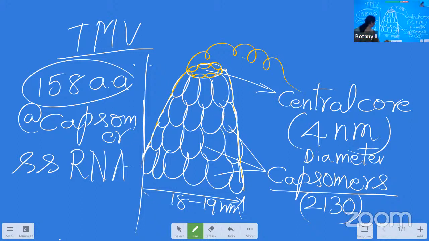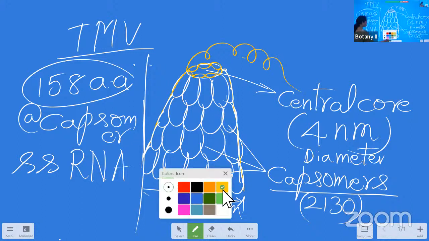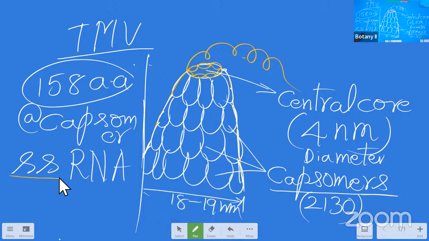And here, when we are writing single-stranded, the two S's will be small case. It should not be capital letters. Single stranded. Okay. This represents, one is the single, second one is the stranded. No need to write the complete word also. Small s RNA. And when you are writing the RNA, make sure these three letters will be capital letters.